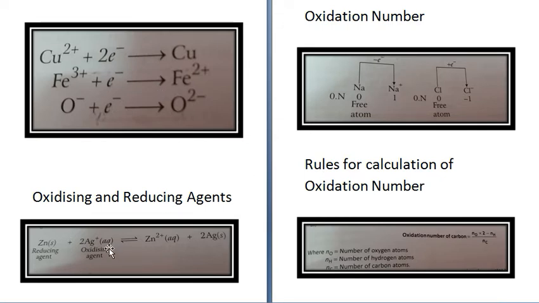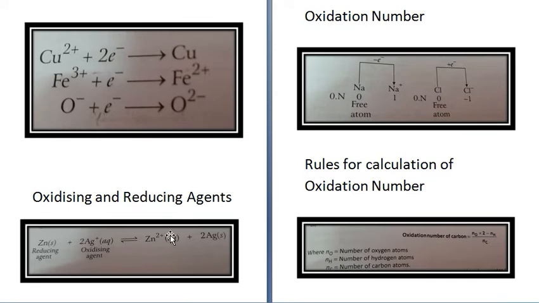Similarly, Fe3 plus plus electron gives you Fe2 plus. O minus plus electron gives you O2 minus. So these are all reduction processes, or they are also called as electronation. Oxidation was called de-electronation and reduction is called electronation.